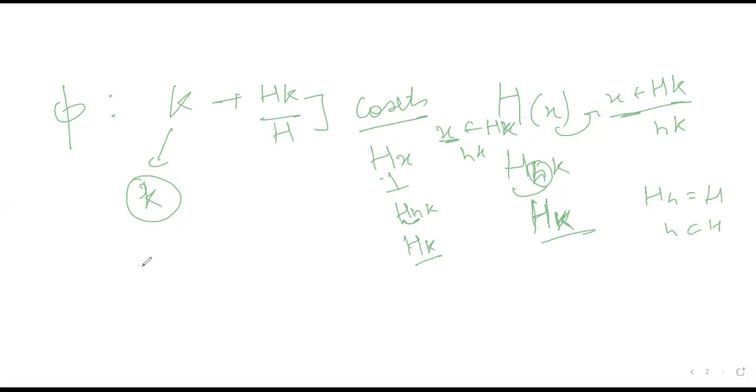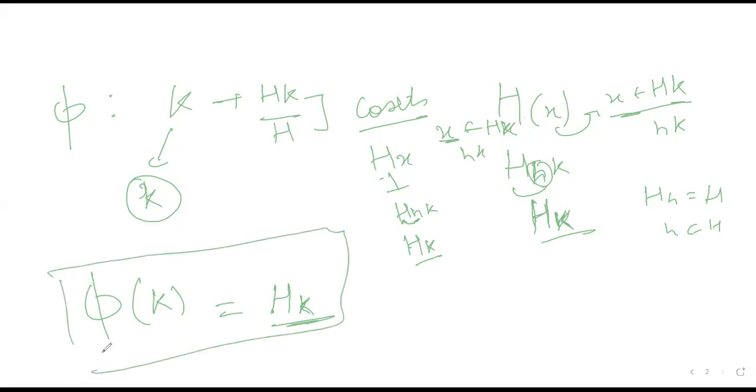Okay, so I define the relation phi of k, because elements of K are of the form capital H into small k, right? Because this is of this form. Any doubt in this? Once we know this relation, everything will be fine.